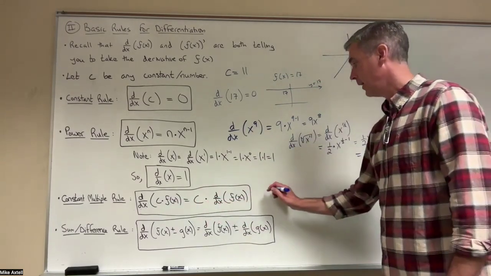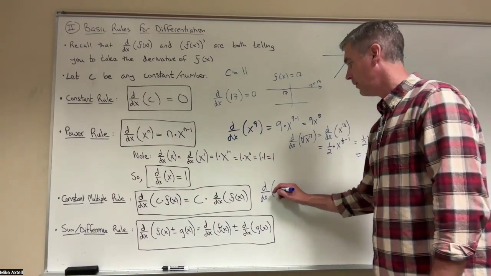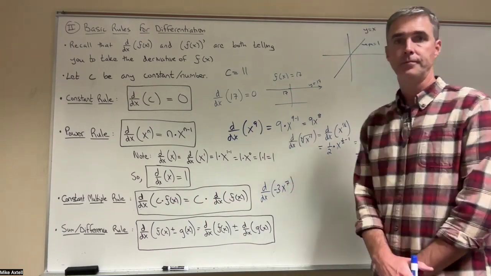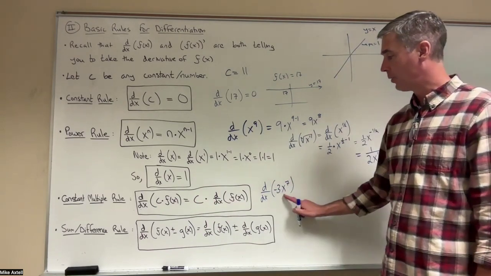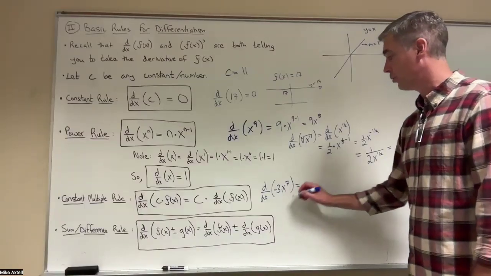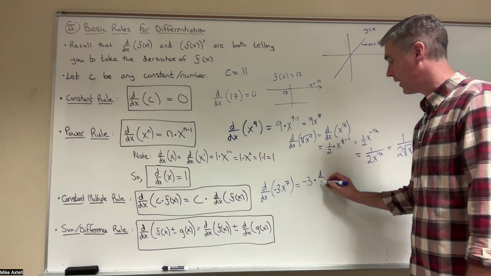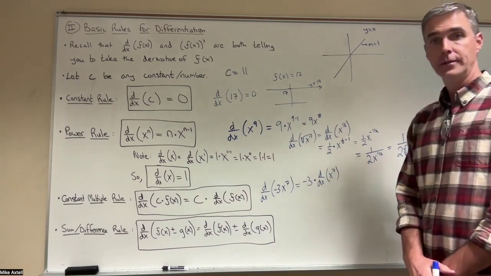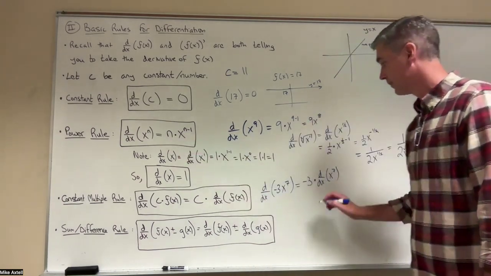For example, let's say I wanted the derivative of negative 3x to the 7th. My constant is negative 3 and it's being multiplied by the function x to the 7th. So the constant multiple rule says I can drag the negative 3 out in front and multiply it by the derivative of x to the 7th. Now, x to the 7th is going to fit the power rule.